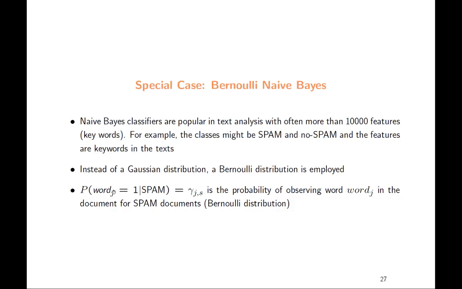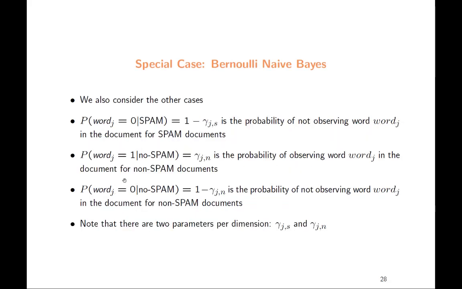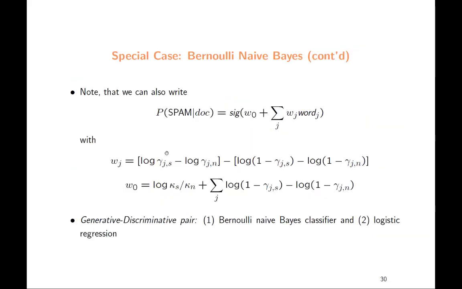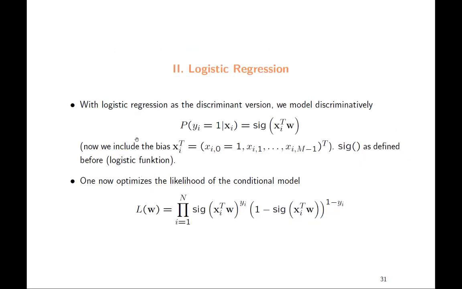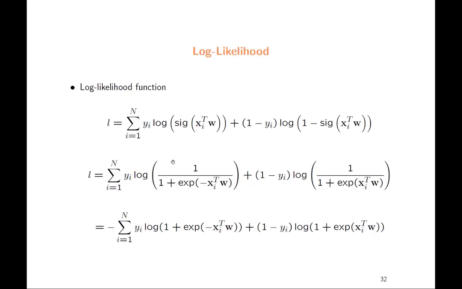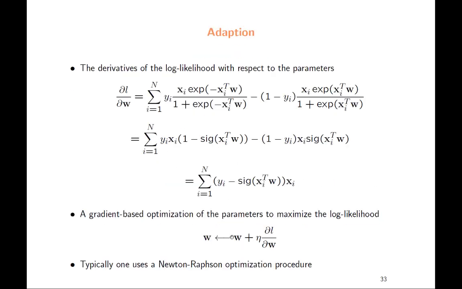So here the word is present or word is not present, and there are some other variants on this too. And also this can be written as a sigmoidal function. So from this generative approach, this Bayesian approach, with Gaussian distributions, we get a sigmoid out. And then we said, okay, maybe sigmoid is a good thing in general. And we calculated the likelihood functions and the cost function to be optimized when we use a sigmoidal output function with the interpretation of these probabilities.